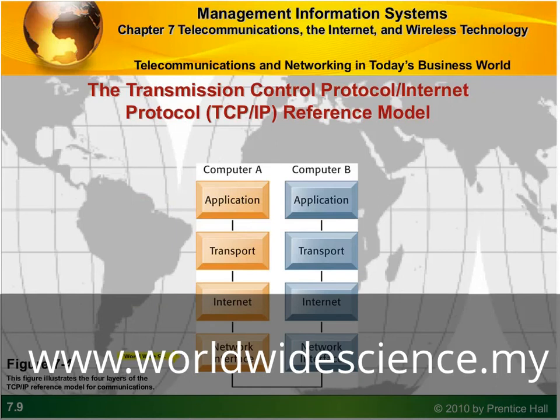The information gathered from the application, then to transport, then to internet, and finally to the physical devices to send to the network through some cables or something, and then reach the destination, which is computer B in this case. In the target computer, first the physical layer is involved, then internet, then transport, and finally the application layer.